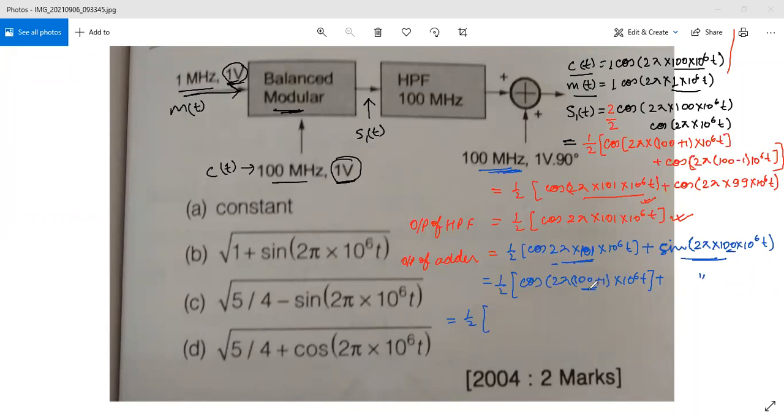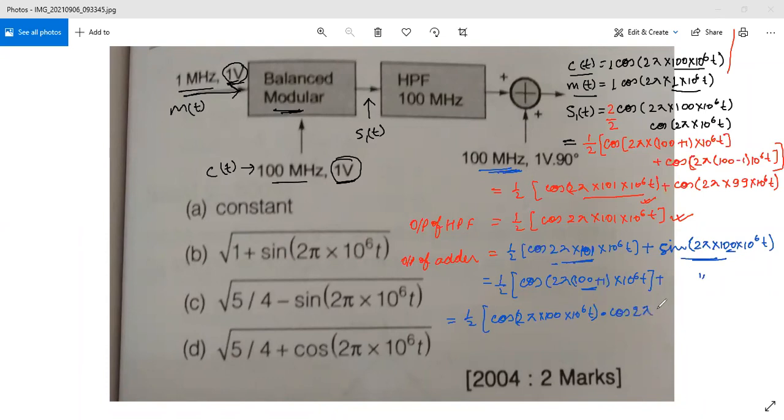ओके, सो आप लोग ध्यान दीजिएगा, यहाँ पर cos a plus b के फॉर्म में अगर ब्रेक कर रहे हैं, then we will have cos of 2 pi. So cos A plus B is equal to what? Cos A plus B is equal to cos A into cos B minus sin A into sin B. So cos A means 100 into 10 to the power 6t into cos B. So cos B is what?